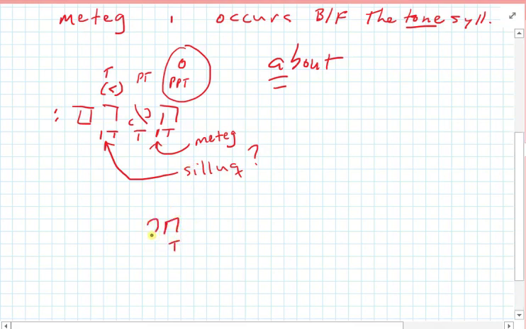We have two words that are spelled almost exactly the same, but they are different words. And the only thing that will distinguish them is the presence of this metheg right here next to the kametz symbol. Okay?